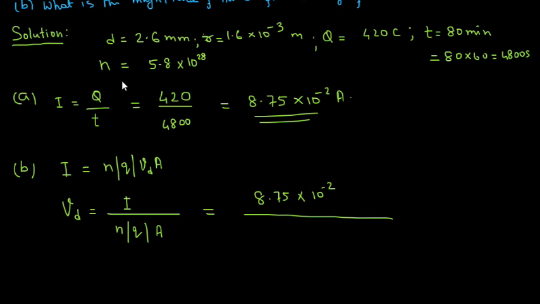So 5.8 multiplied by 10 to the power 28, multiplied by magnitude of Q. Here magnitude of Q will not be 420. This is the charge of the electron, so they are talking about electrons. So the charge of the electron is 1.6 into 10 to the power minus 19.